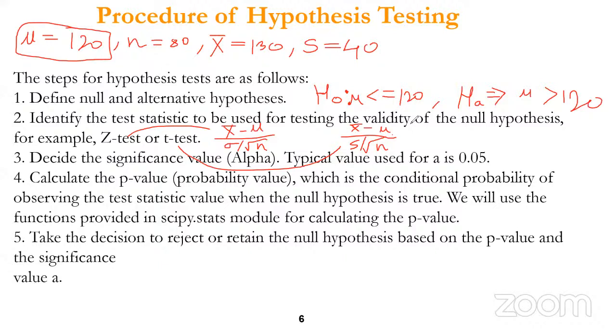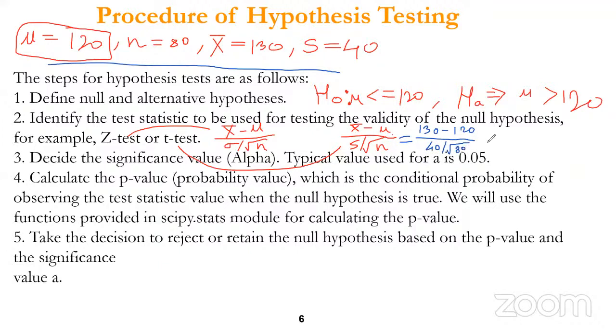Related to the t-test. So we will go with t-test and I'll substitute the values. So if I consider this, x bar is equals to $130 minus mu is equals to $120 divided by s is equals to 40 divided by square root of 80.